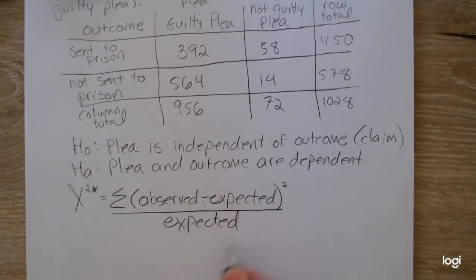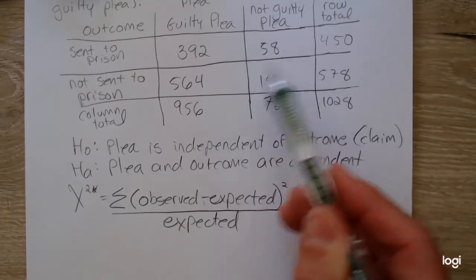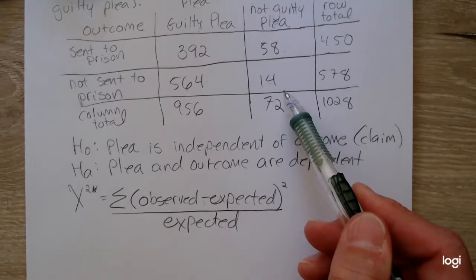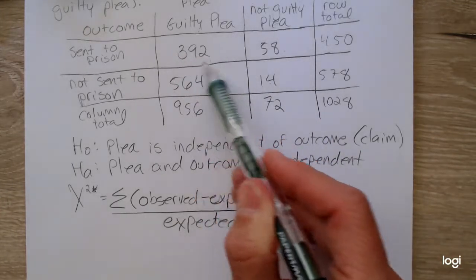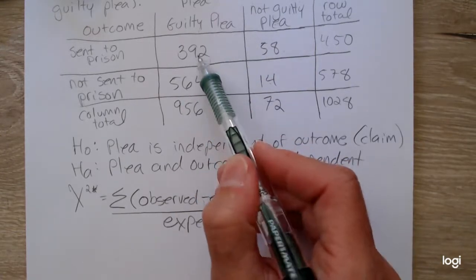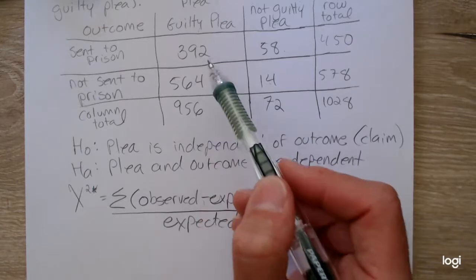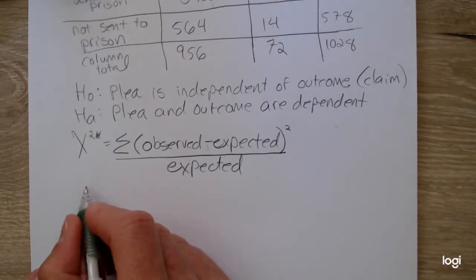Now to do this by hand, and I'm not going to fully do this by hand, you're going to need expected counts for each cell. Okay, a cell meaning that this box here is the intersection of guilty and sent to prison. The formula for it is pretty easy.